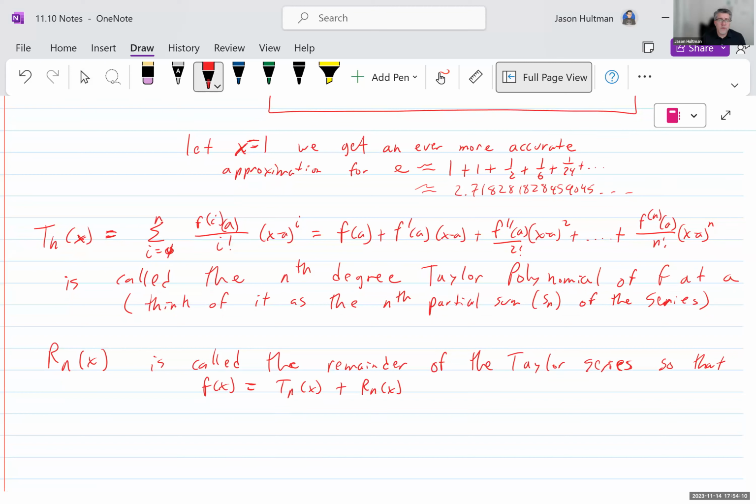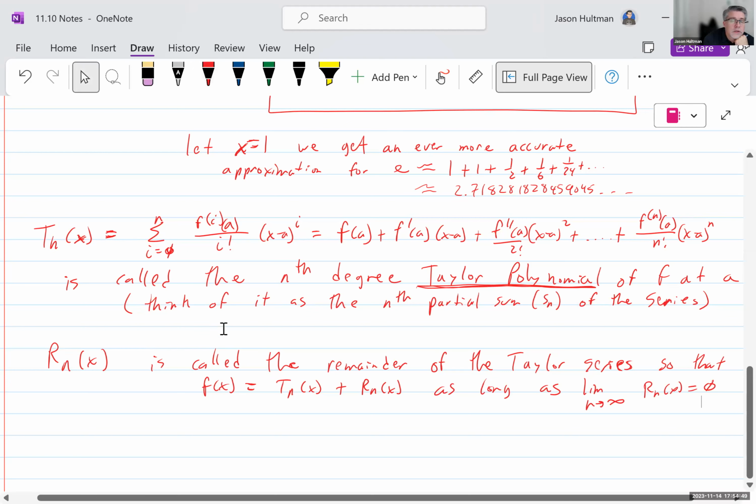So it's however much we didn't catch in our Taylor polynomial, if our Taylor polynomial is just an approximate value of the function up until that point. And this is true as long as the limit as n goes to infinity of R n of x is equal to 0. So as long as these terms are getting smaller and smaller, then this is true.